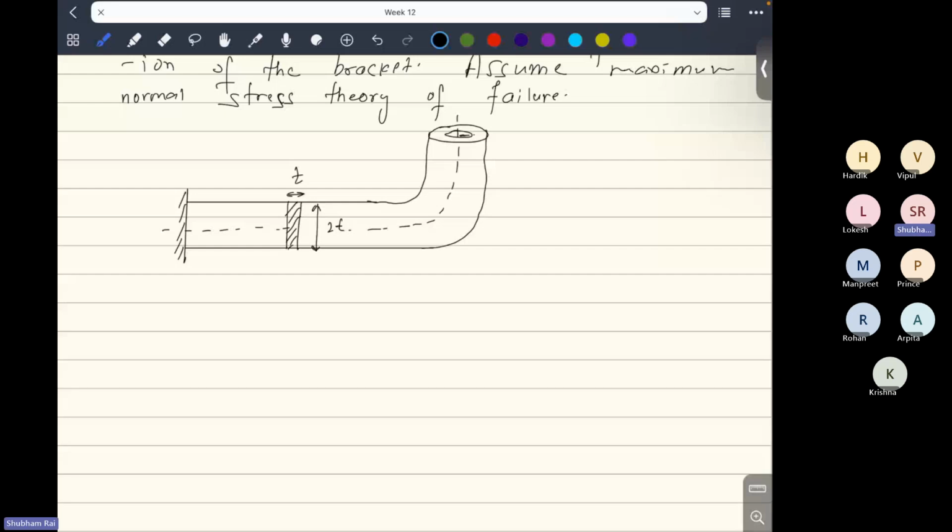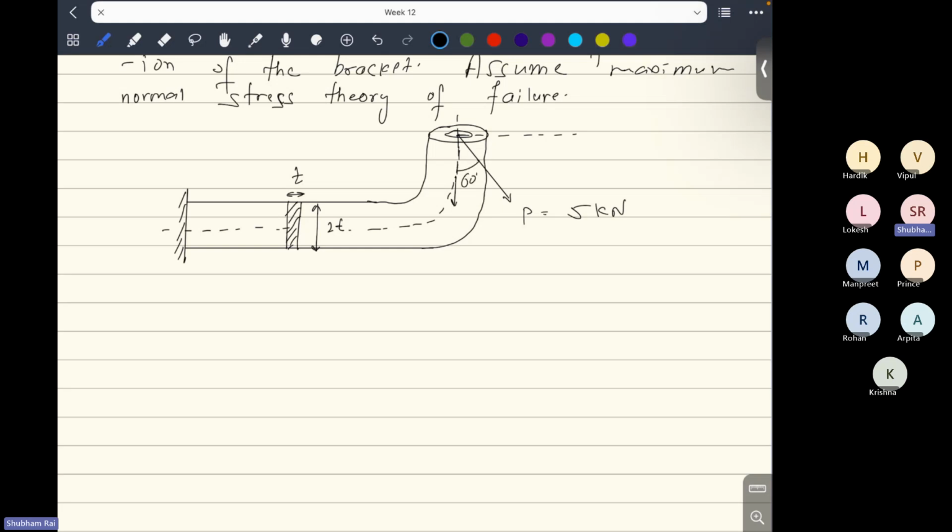Here you have a force acting in this direction, which is P, which is 5 kilonewton, and it's making a 60-degree angle with the vertical.